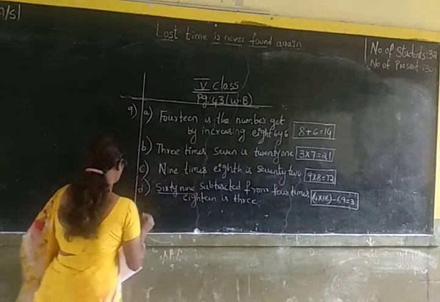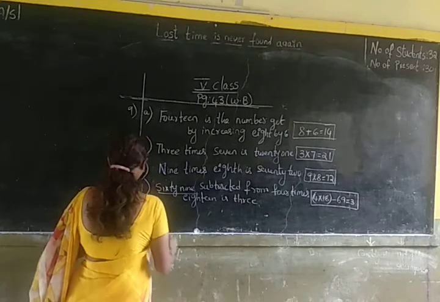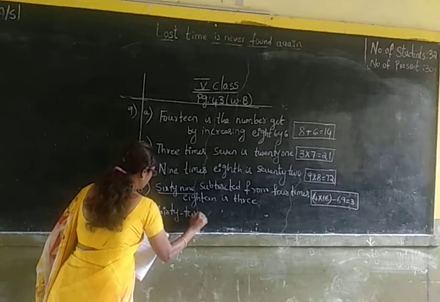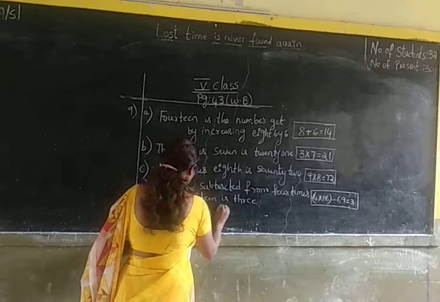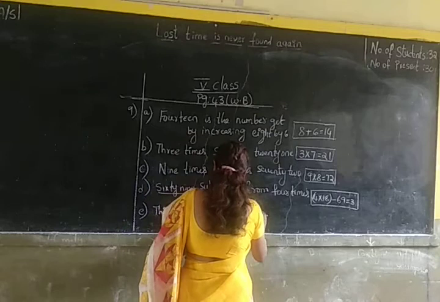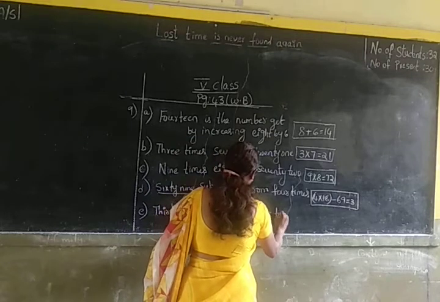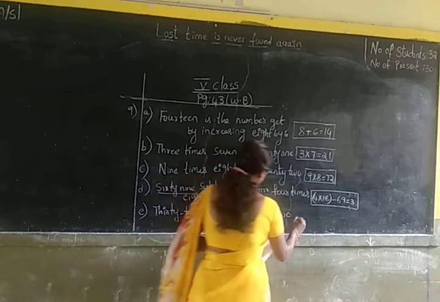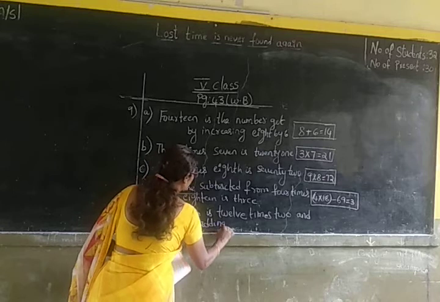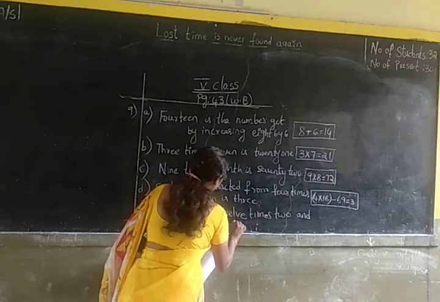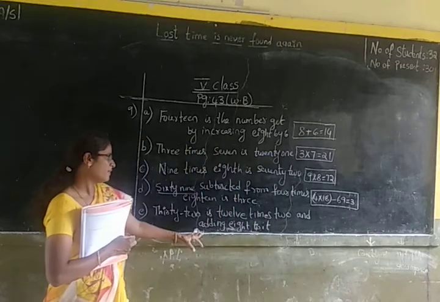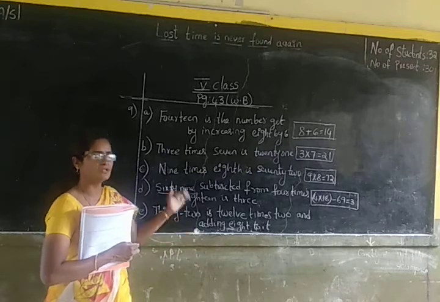Okay children, now let us do the next sum. 32 is 12 times 2 and adding 8 to it, which means you will get 32 by multiplying 12 into 2 and by adding 8 to it.